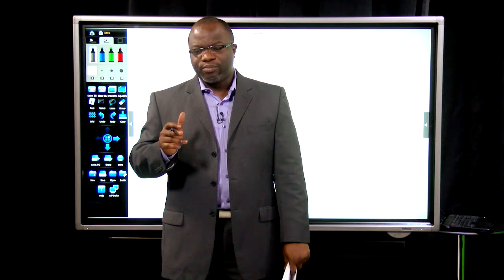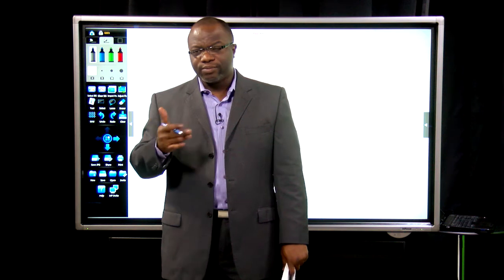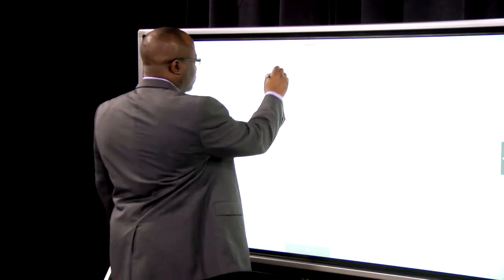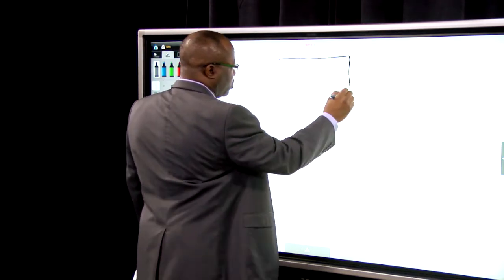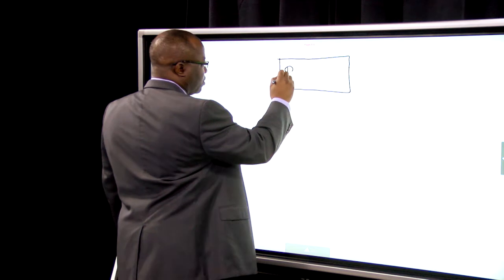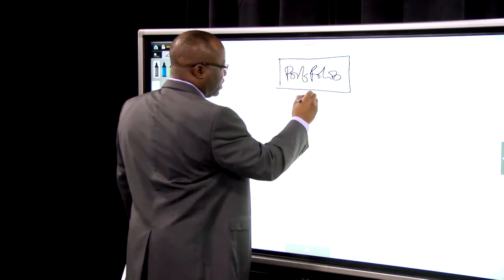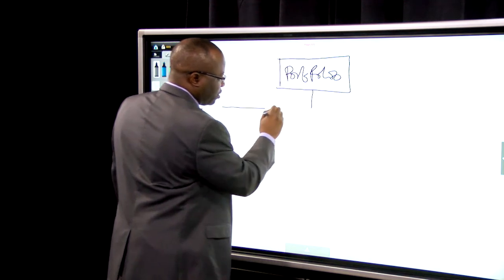Let me give you an example of a high-level definition of a portfolio, which was defined in the Project Management Body of Knowledge Guide. But let's take a look at this visually. When you talk about a portfolio, you could think about a firm that is involved in different pieces of work.